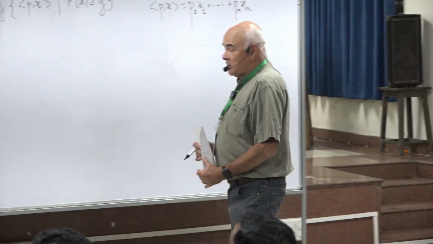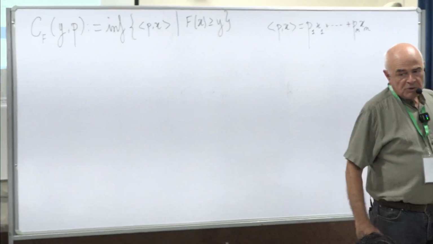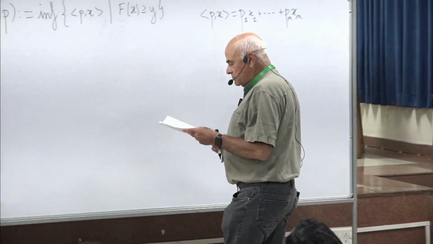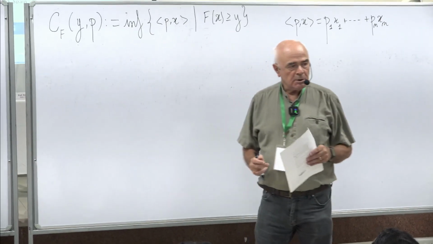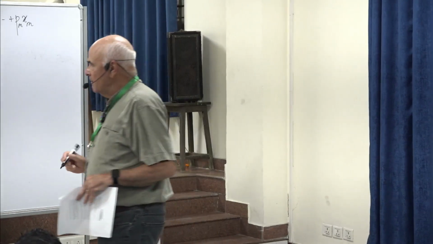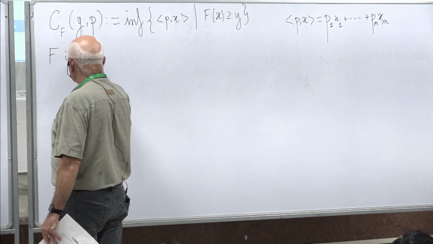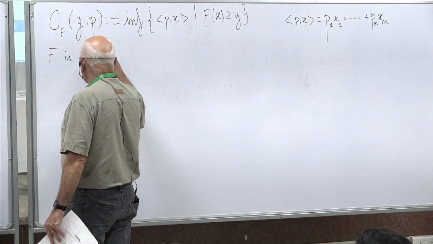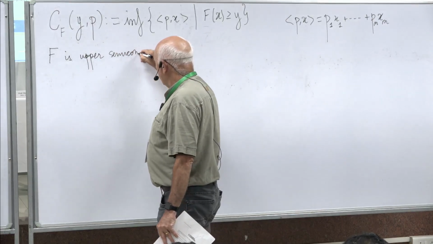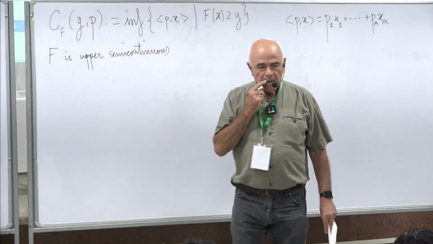And because it is any function, I don't know if the infimum is attained or not. But I want it to be attained. So I'm going to make an assumption. The only assumption that I'm going to use for production function for the time being, namely that f is upper semi-continuous, so that the constraint set is closed.